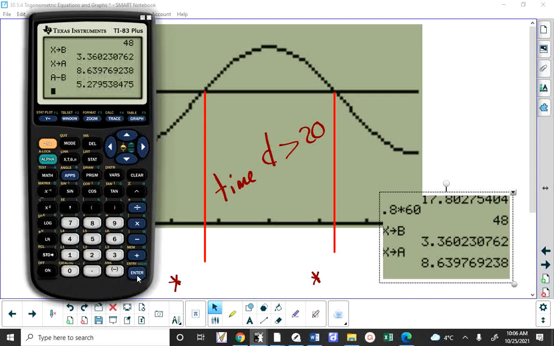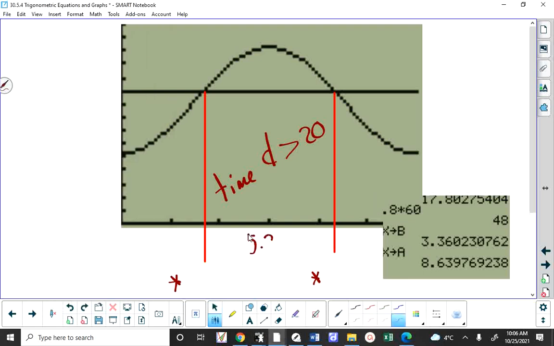So 5.27 hours, 5.27 hours is how many hours during the whole cycle the water is deeper than 20 meters. Well, if we're looking for a percent, 5.27 hours out of 12 hours. If I gave you an exam with 12 marks and for some reason you got 5.27 marks right, your percentage would be found by taking 5.27 divided by 12 times 100.